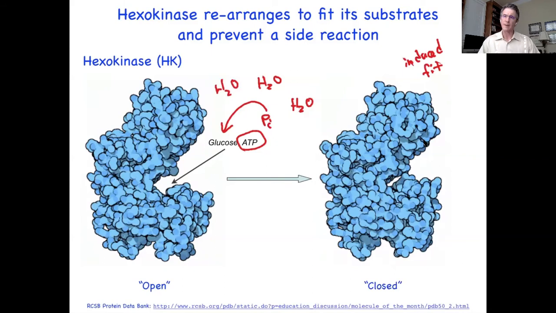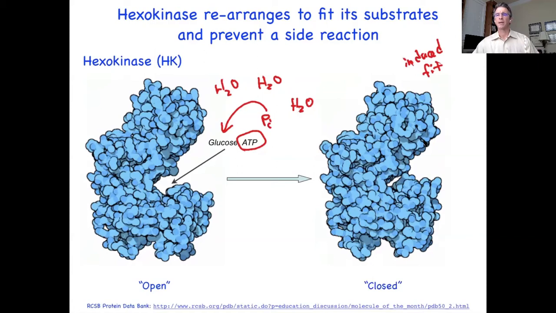So imagine what would happen if that ATP was in the active site of the enzyme and there was water hanging around, and we're going to start positioning some residues to stabilize that high negative charge transition state we talked about a few lectures ago. And instead of the alcohol group from the 6-carbon glucose sitting there ready to attack the phosphodiester, there was a water molecule.